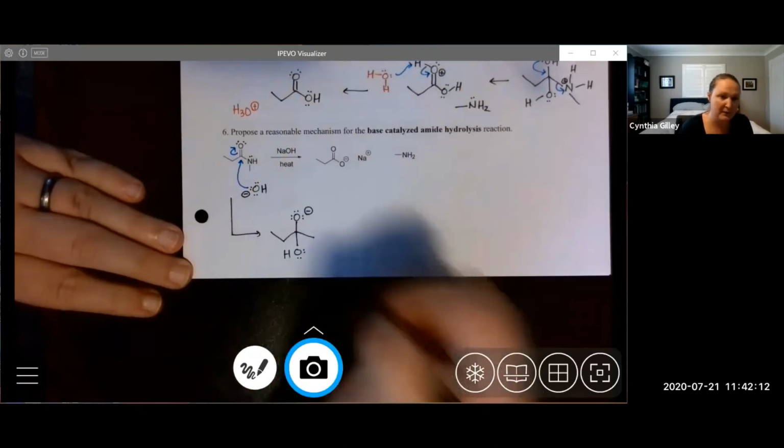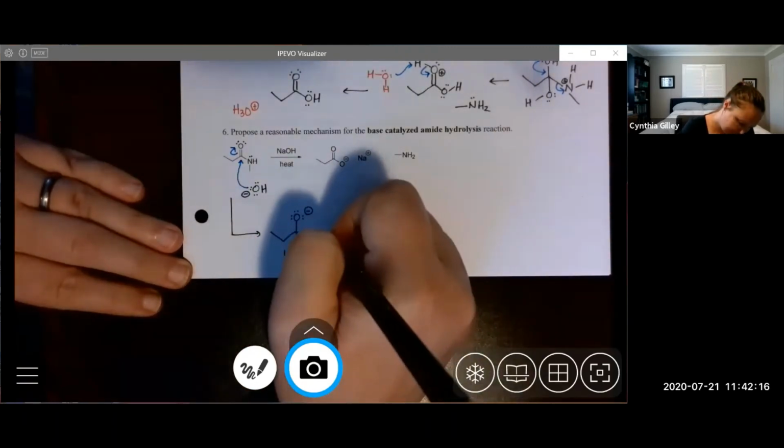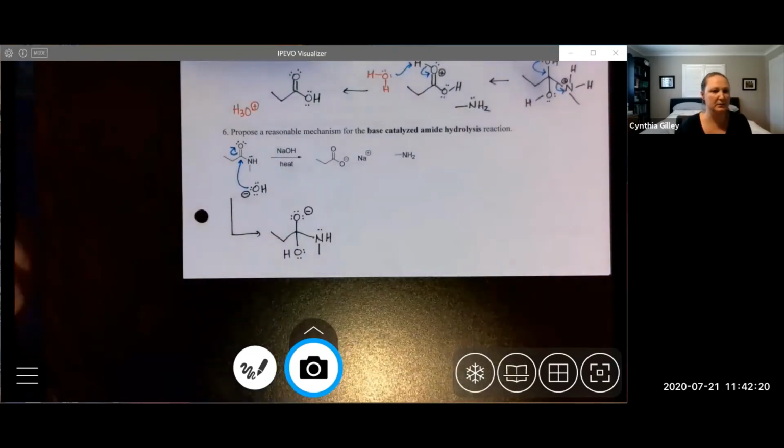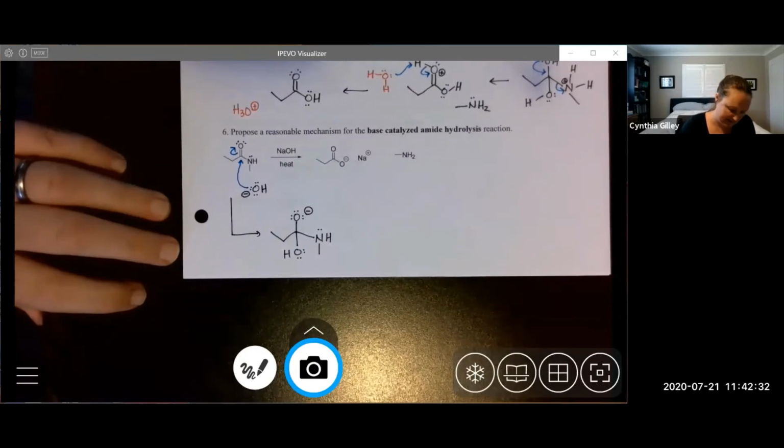So both of them need to be heated. Okay, so that's our tetrahedral intermediate after the nucleophilic attack, and now we can kick out the leaving group with no proton transfers necessary.